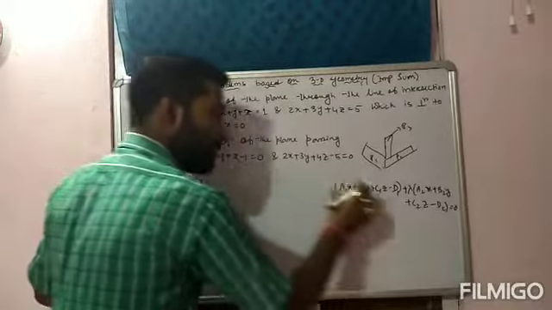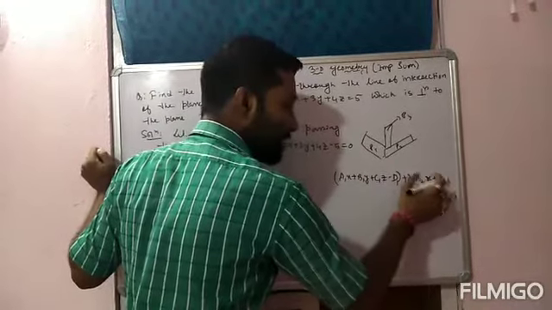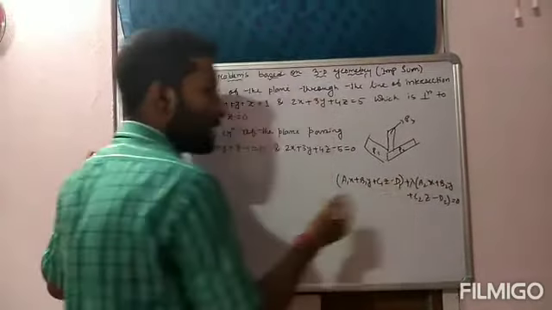First equation, this is the first equation of the plane, मतलब ये P1 का equation है और ये है P2 का equation. इसका मतलब first equation plus lambda into second equation.